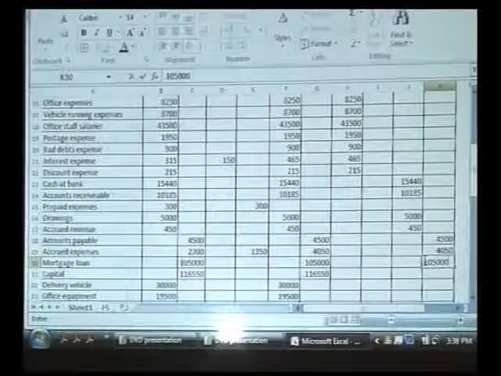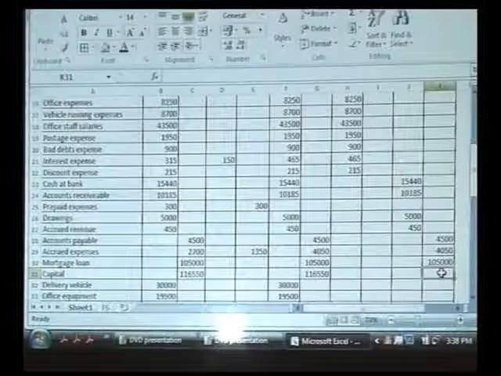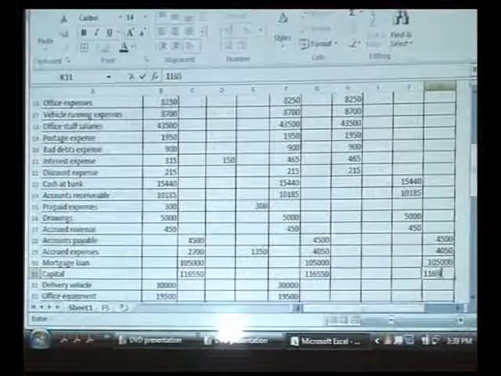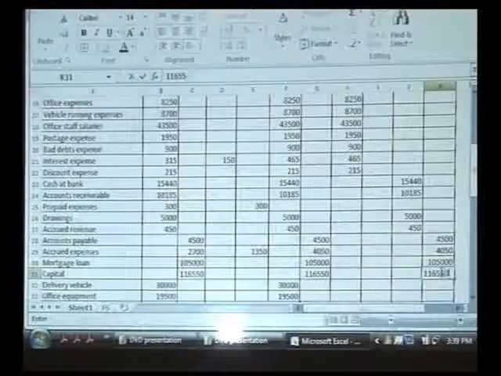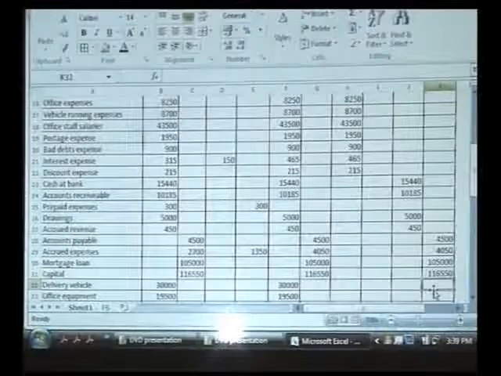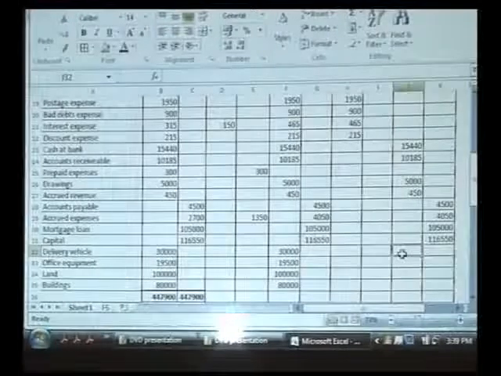Credit balance, liability. Capital 116,550. Credit. Motor vehicle debit 30,000.